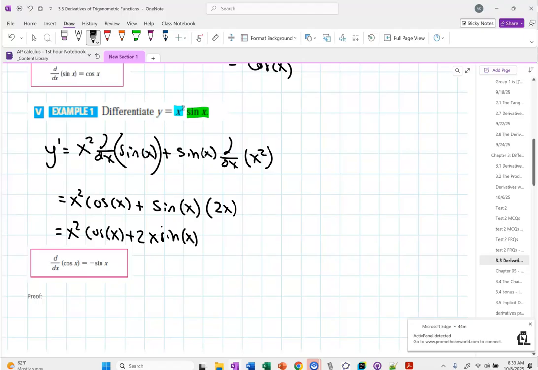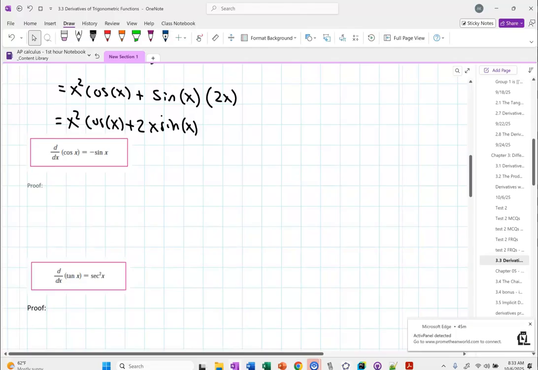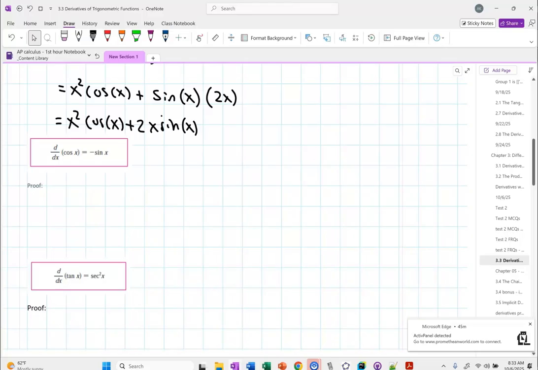Does it feel good? Is cosine the derivative of sine, or is it the other way around? Well, the derivative of cosine turns out to be negative sine. I'm not going to prove that, unfortunately.